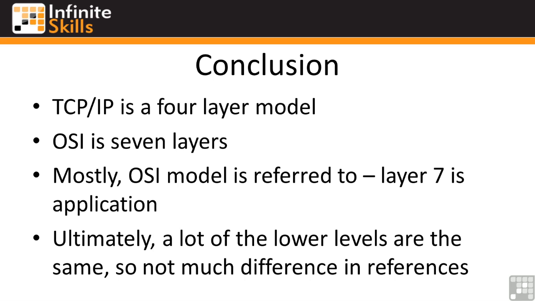It's really when you start talking about layer 2 in the OSI model, which would really map to layer 1 in the TCP model, and then everything in the TCP model kind of maps down a layer when we're talking about the network layer or the internet layer in the TCP/IP model. That would be layer 2 there, but it's really layer 3 in the OSI model. So again, they're really talking about the same sets of functionality. They've just broken them up in different ways.